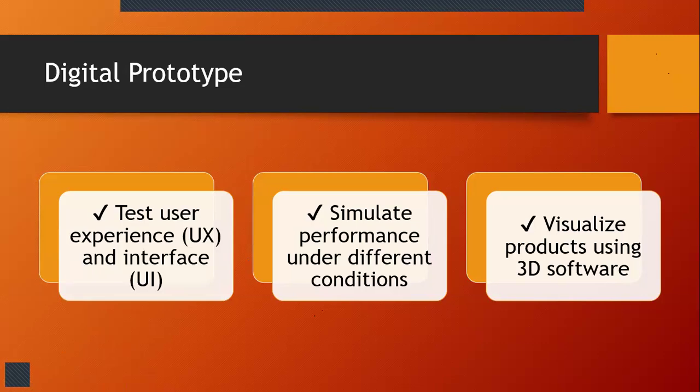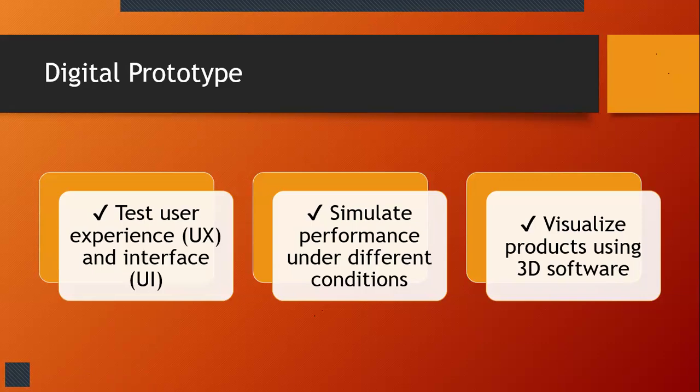And it will actually visualize the product using the 3D software. For example, we don't discuss software based prototypes here, but for software based prototypes, we have a very nice tool called Figma, right? It's a very nice tool. It's called Figma. You can just check it. That's a way we can visually show how my product looks like.